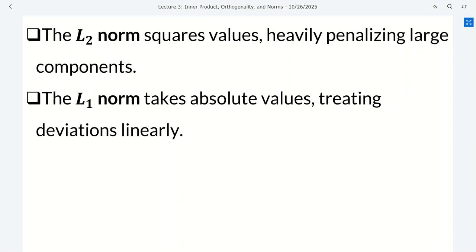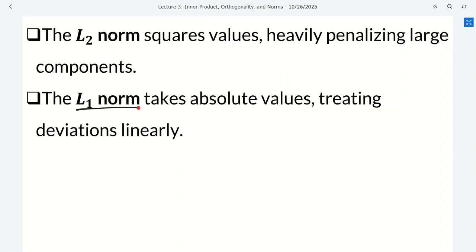But the L1 norm takes the absolute value, treating deviation linearly. So when you are dealing with outliers, we prefer that you use the L1 norm, because it treats deviations linearly. It doesn't square them and doesn't scale them up, and that is something that we don't want.